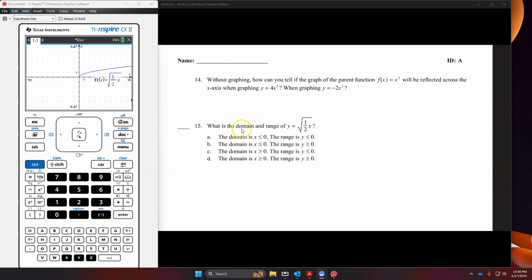It says, what is the domain and range of this function? And you notice that the starting value is 0 and it goes towards infinity. So I do know that the domain will be 1 to infinity. I know the range will start at 0 and it'll go up, so that's 0 to infinity.